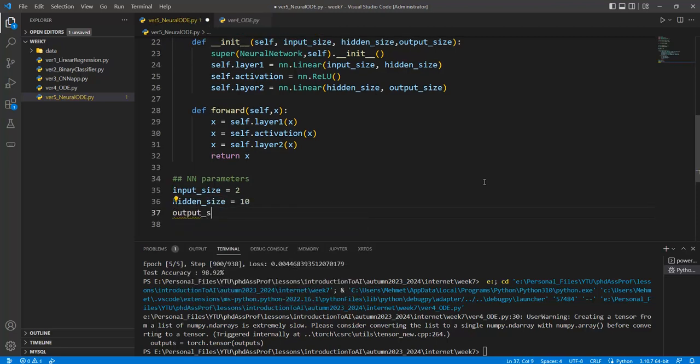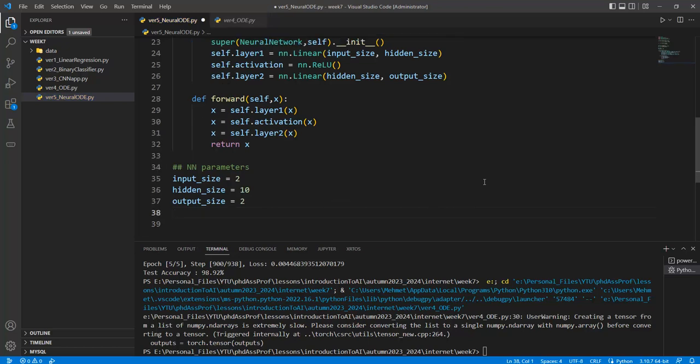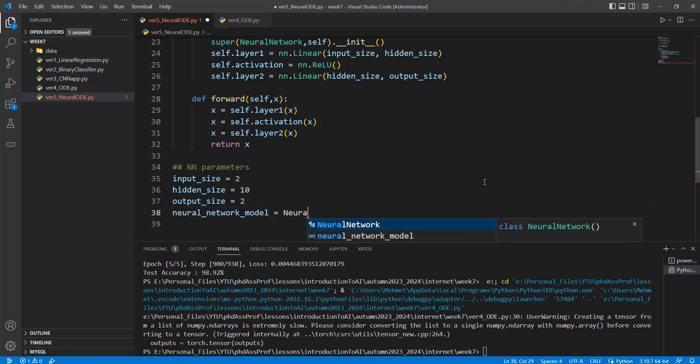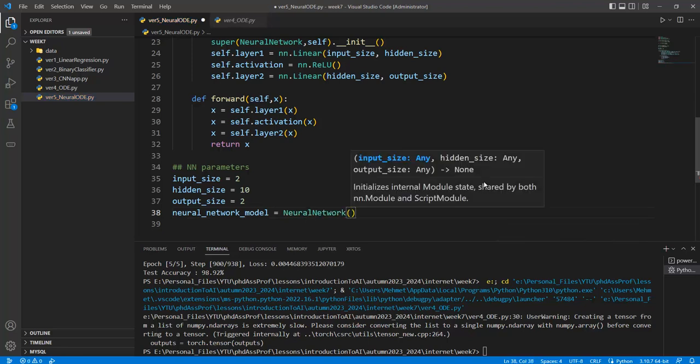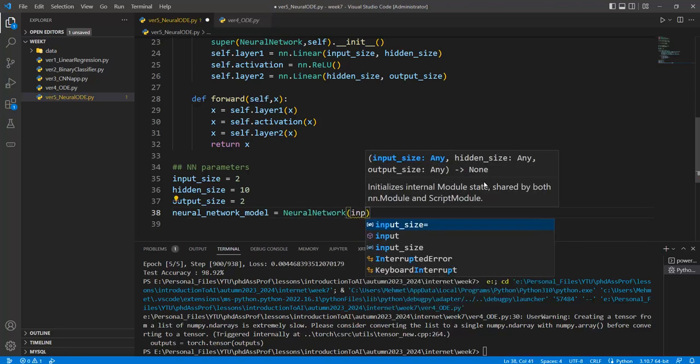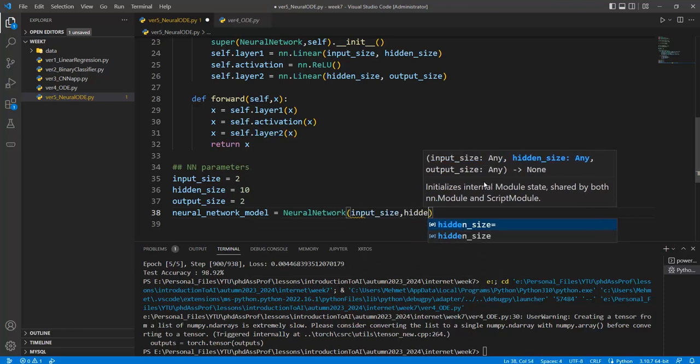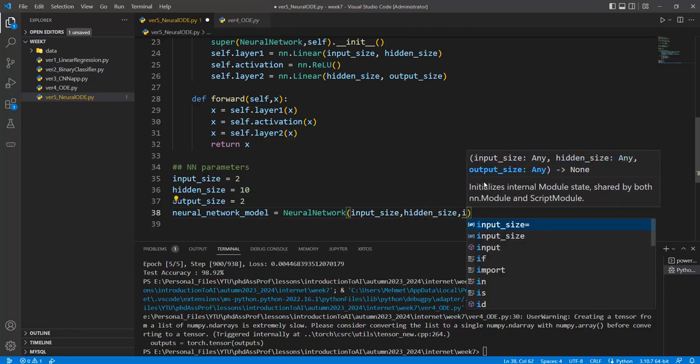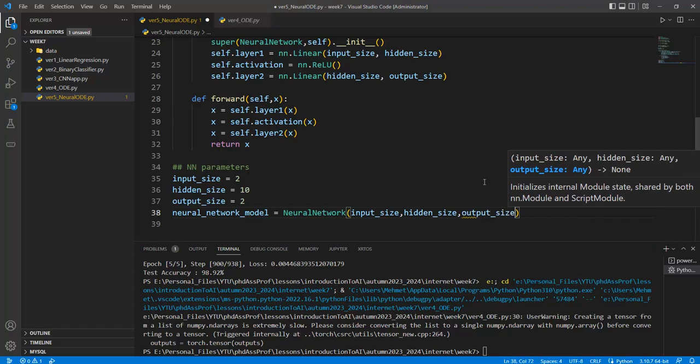And what's the output size? 2, right? So the neural network model can be built with the neural network with the input size, hidden size and output size, okay?